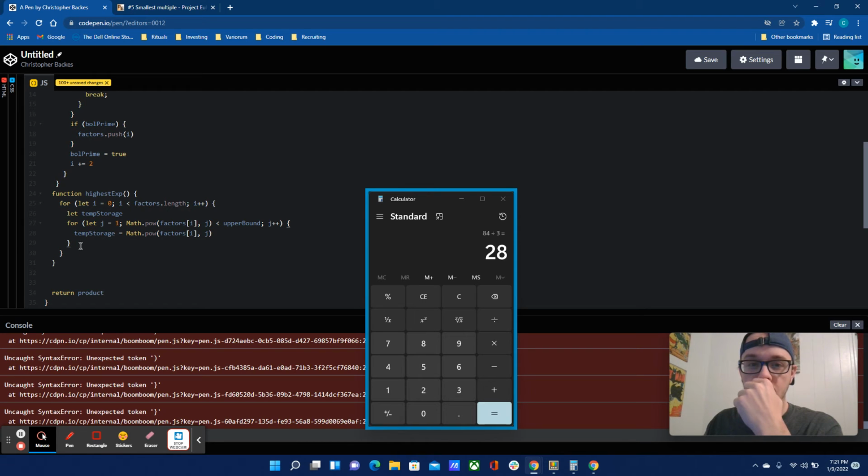Okay, so now that we've done that, once it exits this loop, we'll say factors[i] equal to temp storage.